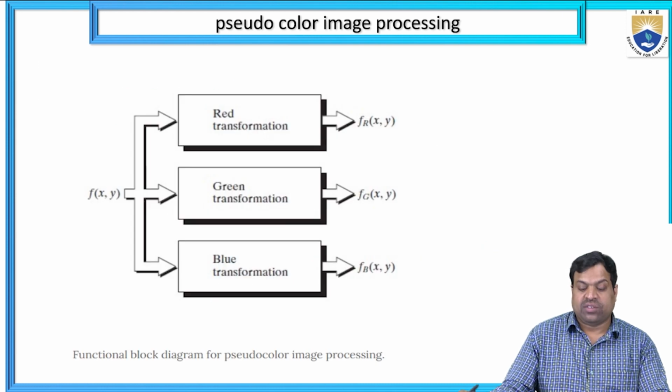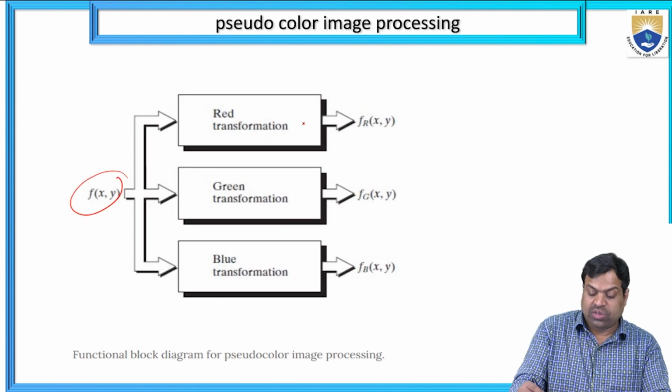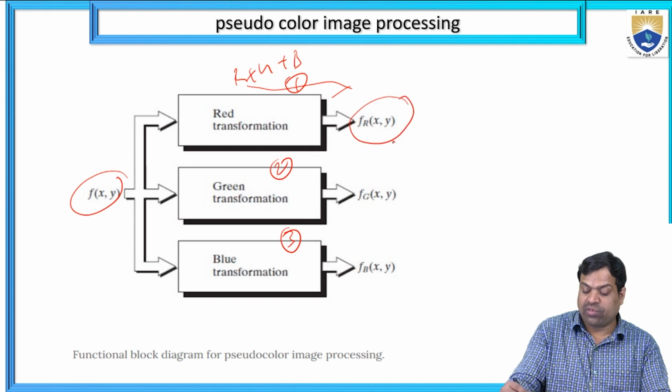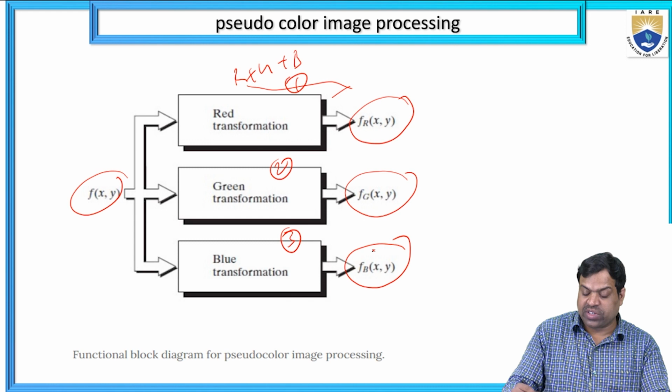So f of x comma y equals the red transformation, green transformation and blue transformation, that is R plus G plus B. The output of red is FR of x comma y, green is FG of x comma y, and blue is FB of x comma y.